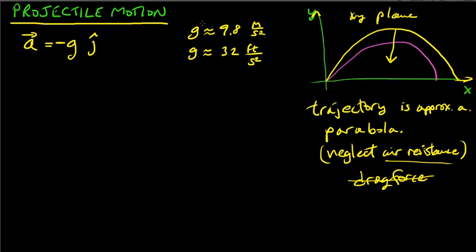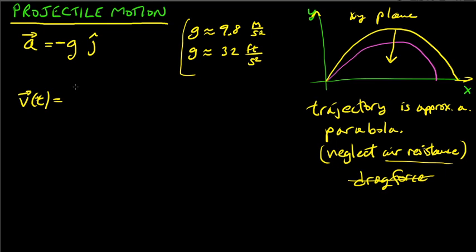This is an acceleration, so the units are meters per second squared and feet per second squared. Okay, good. So that's what g is in the two conventional units, either 9.8 meters per second squared or 32 feet per second squared. It's all on your formula sheet. So if we know the acceleration, how do we get the velocity of this thing?